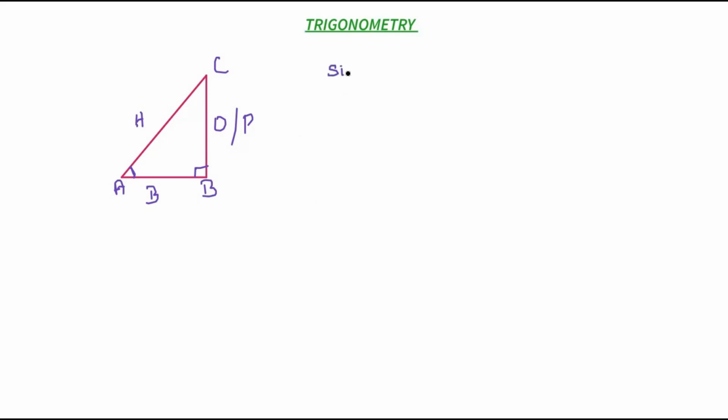First is sine A. What is sine A? Sine A is nothing but perpendicular by hypotenuse, that is P by H. Then we have cosine, which we write as cos A. Cos is nothing but base by hypotenuse.